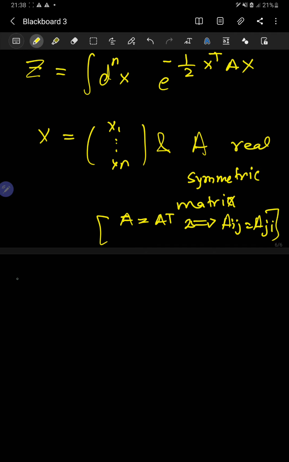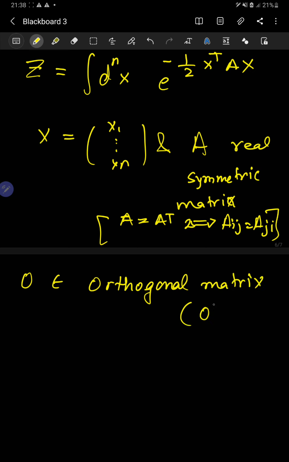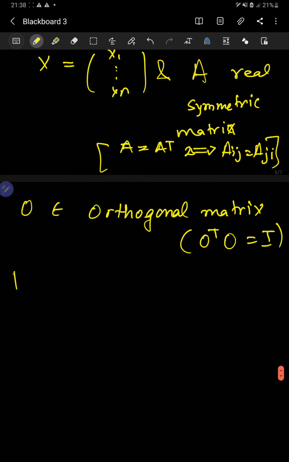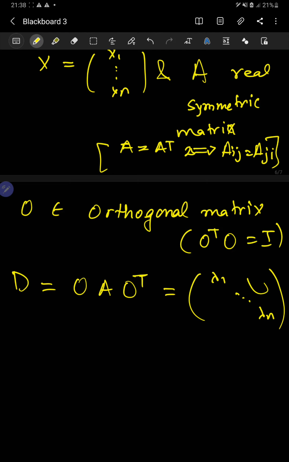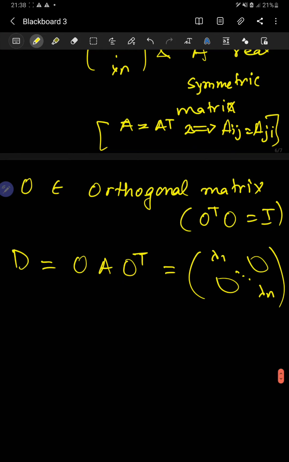So how do we do that? We take an orthogonal matrix. Let's say O belongs to the orthogonal matrices, which are the matrices whose O transpose O equals I. So we take an orthogonal matrix and diagonalize our matrix A so that there are just eigenvalues left and 0, 0.